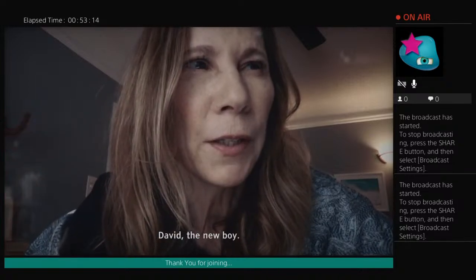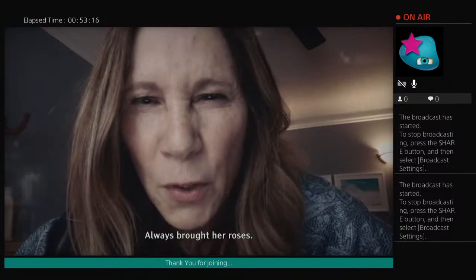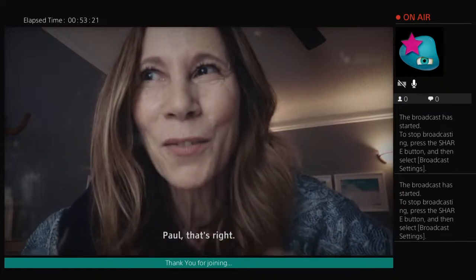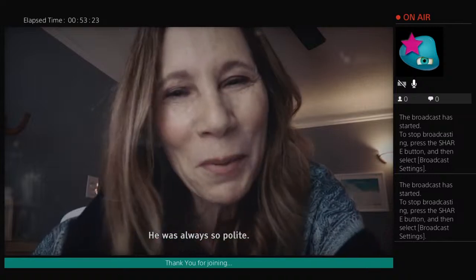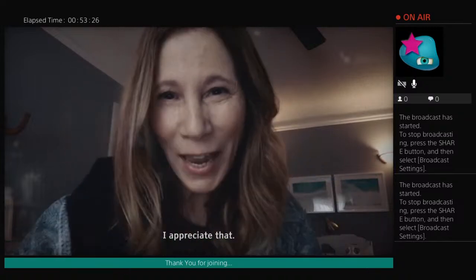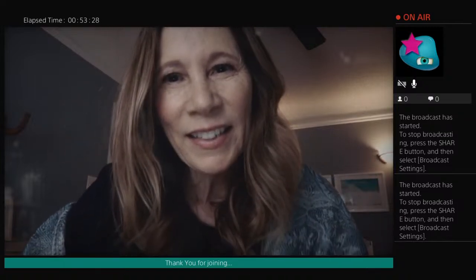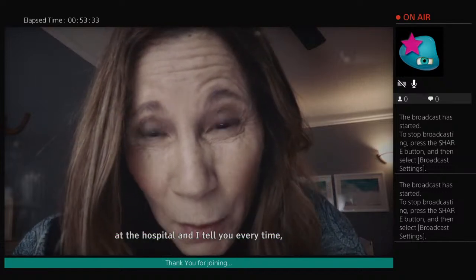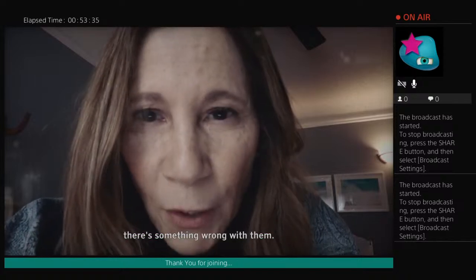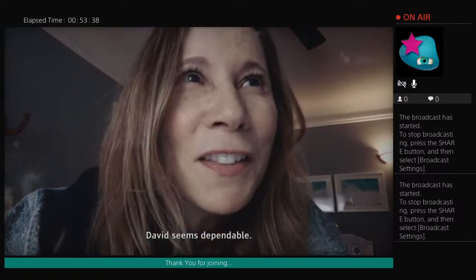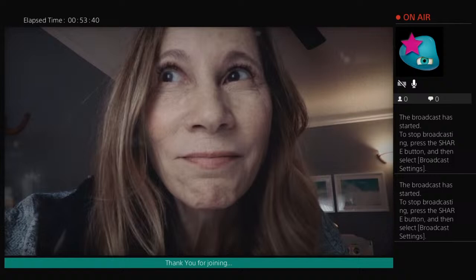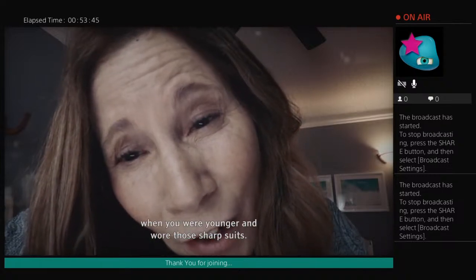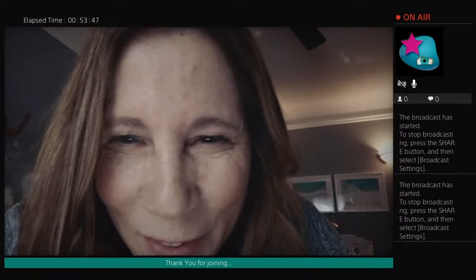David, the new boy. Who was one before? Always brought her roses. Paul, that's right. He was always so polite. Always would hold the door open for her. I appreciate that. She's always bringing home these boys she meets at the hospital. And I tell you, every time there's something wrong with them, David seems dependable. He's handsome, too. Reminds me of you when you were younger and wore those sharp suits.